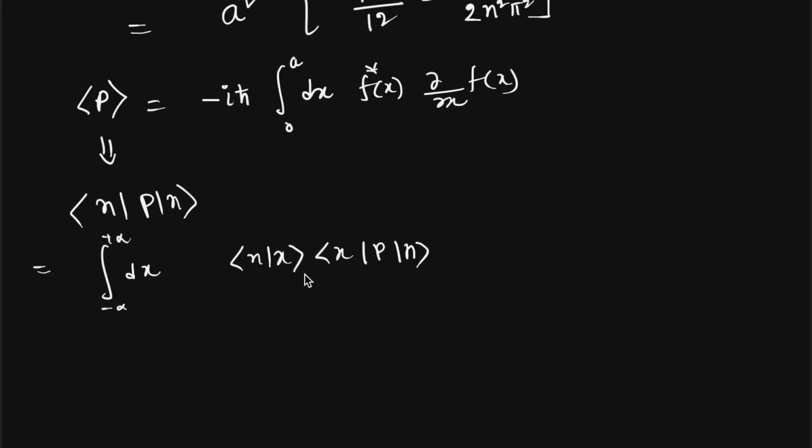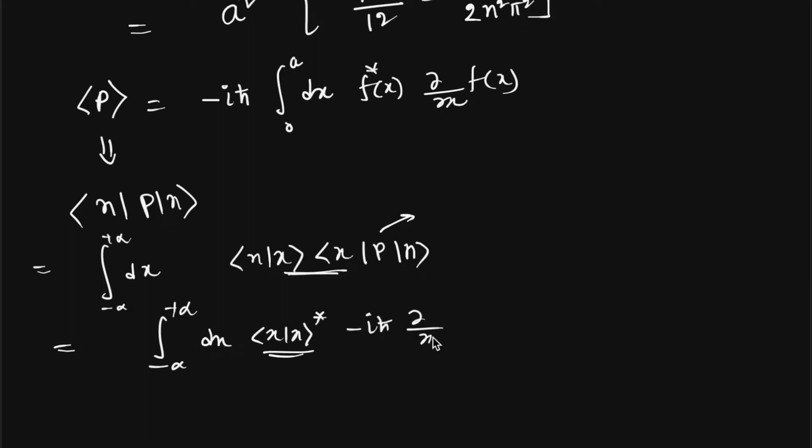From the completeness relation of the position kets, we can write this, and from our previous lecture on the representation of momentum in position kets, we know this relation. That means this is nothing but the integral of dx x_n star, the complex conjugate of the eigenfunction, times minus iħ del x x_n, and x_n is the eigenfunction.